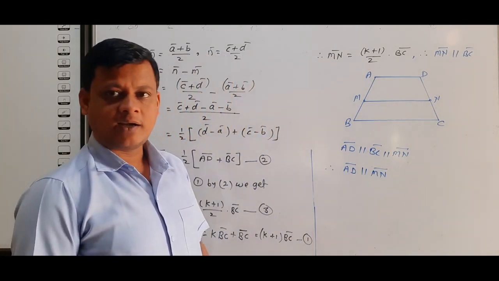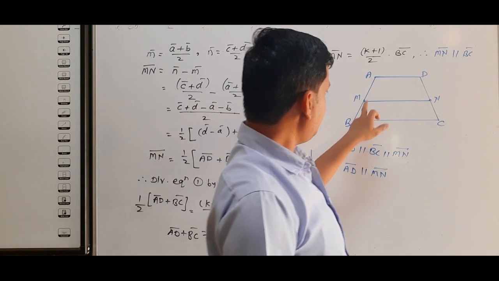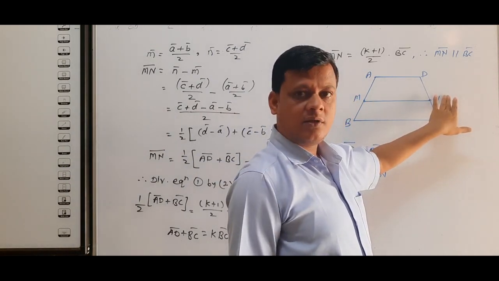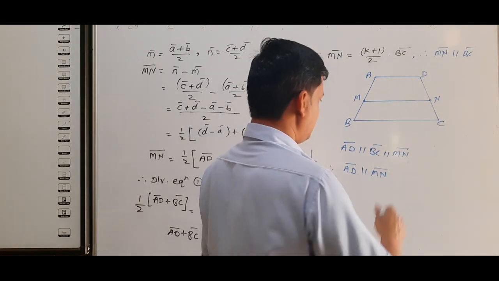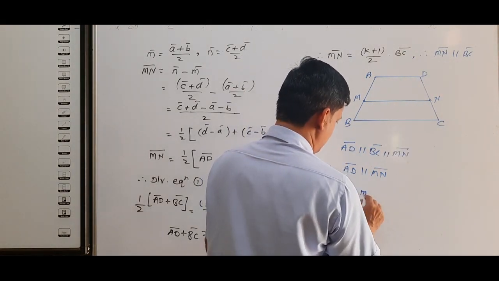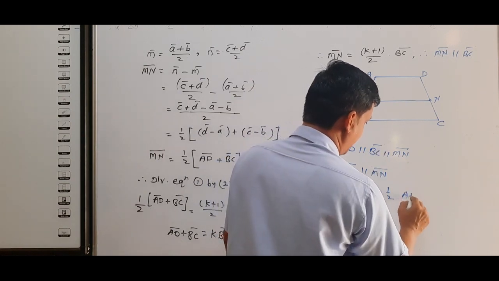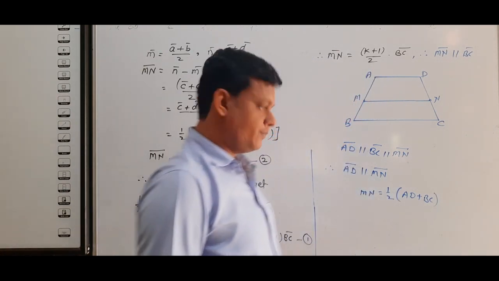This is the first part. Now we have to show that the median MN is equal to half of the sum of the parallel sides. That means here we have to show the last part, MN is equal to half of AD plus BC. This we have to show.